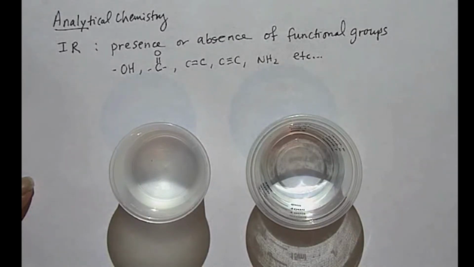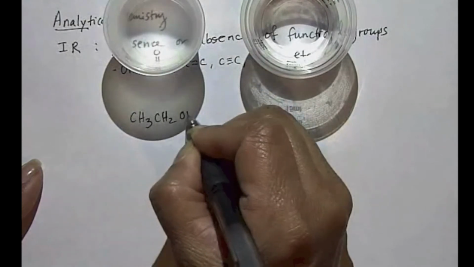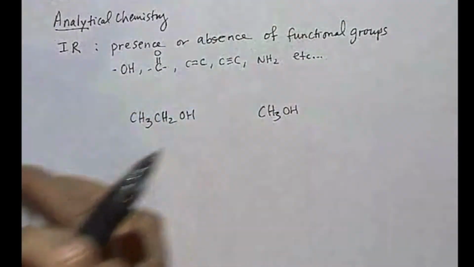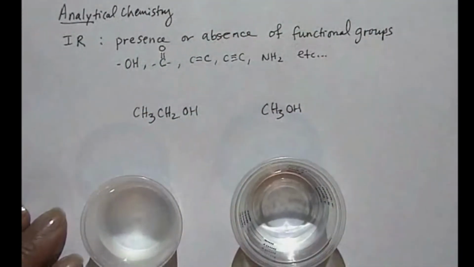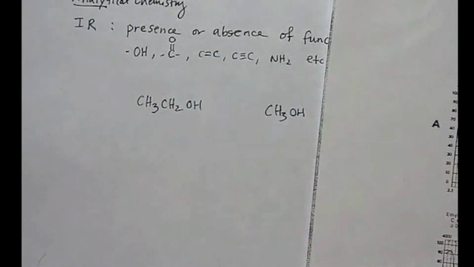Now, since both methanol and ethanol have OH functional groups, let me write it out, ethanol and methanol, and I don't know which is which because they're both clear liquids. All right, so I will take an IR spectra, and in this IR spectra, am I going to be able to tell whether this container is ethanol or methanol?